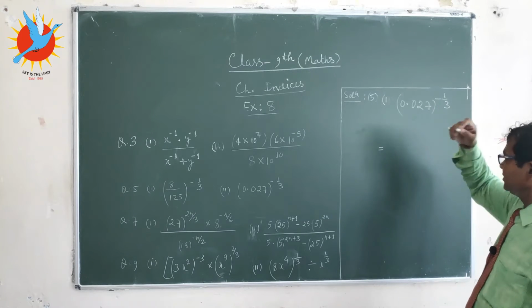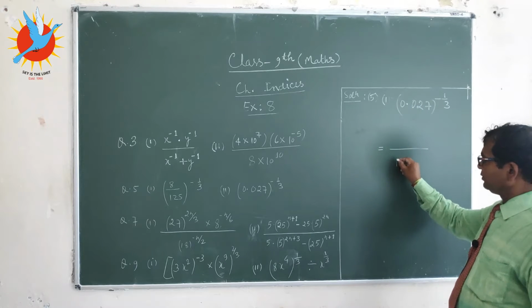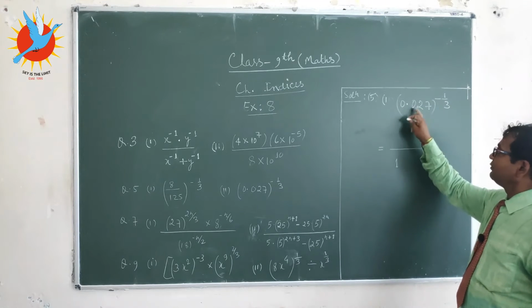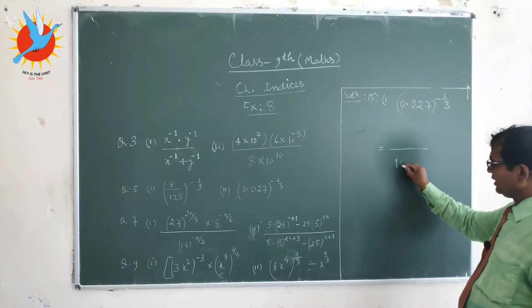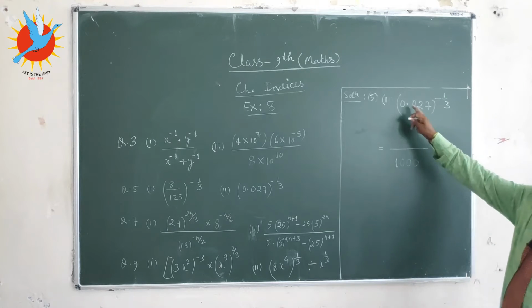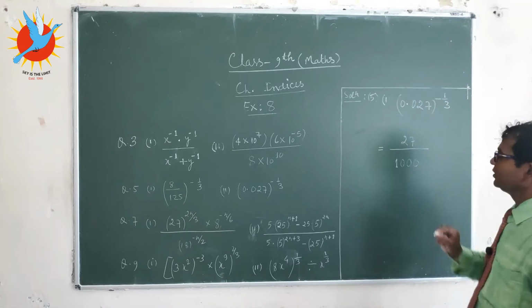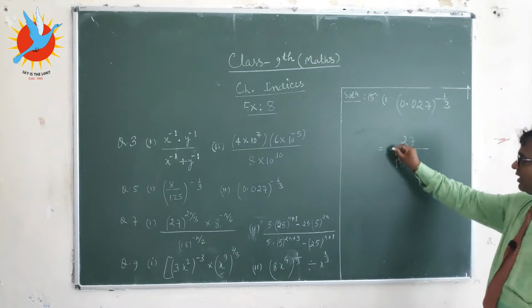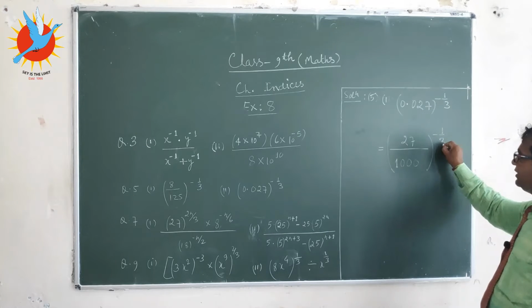For the decimal we have to write 1, and there are 3 digits, 0, 2, 7, so for these 3 digits we have to put here 3 zeros. Now this decimal sign will be removed and we have here the significant number 27 and this raised to the power minus 1 by 3.